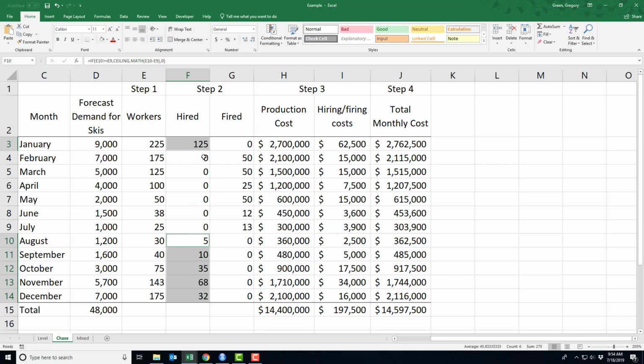And so, they have a readily available labor force that's willing to work these kind of hours. So Hershey, Pennsylvania, the example was a lot of these people we're hiring already have summer jobs. We're just hiring them in the off season when chocolate sales rise during the winter. So that's the chase method. I'm hoping that I've explained it well enough.